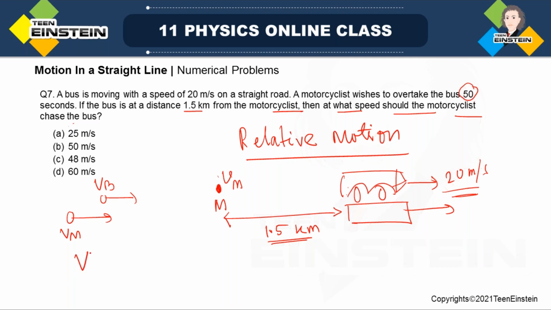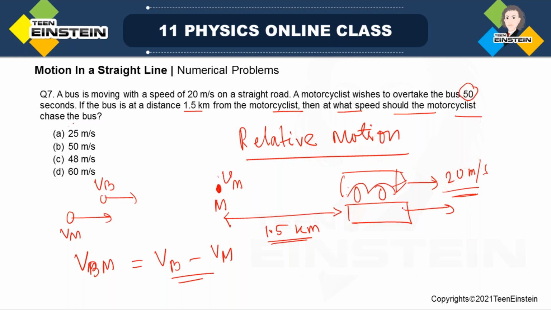What is the relative velocity of the bus with respect to the man? Do you remember how to write this? The velocity of the bus with respect to the man has to be written as Vb minus Vm.